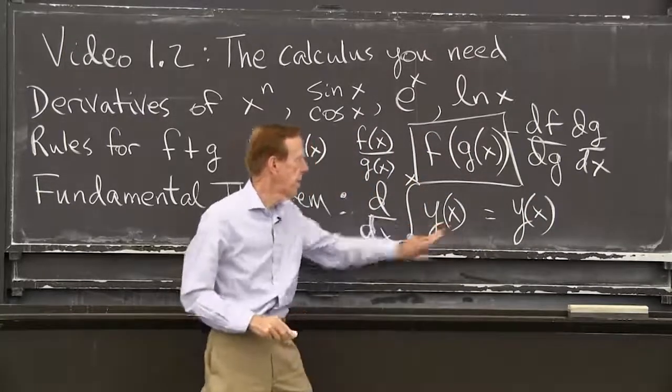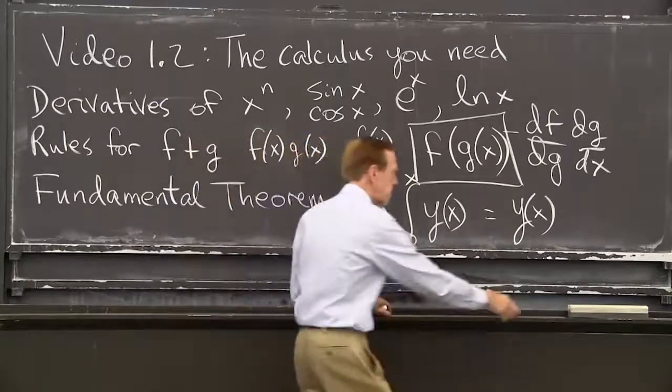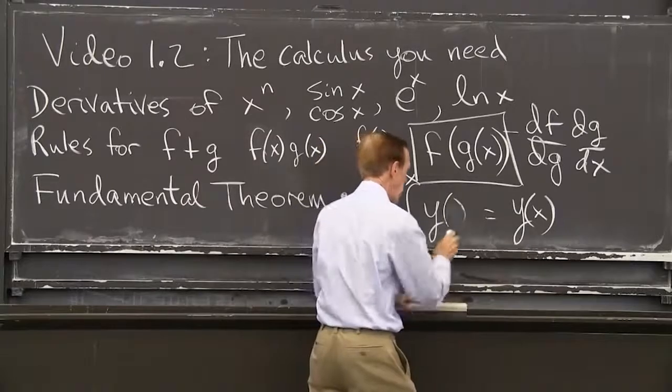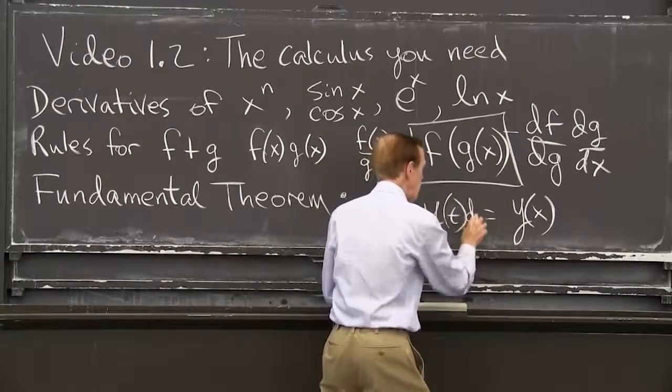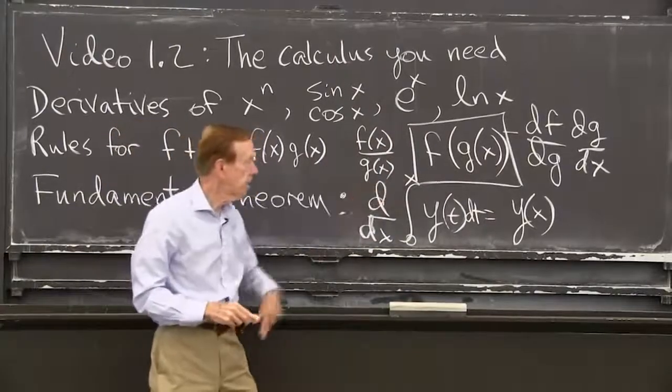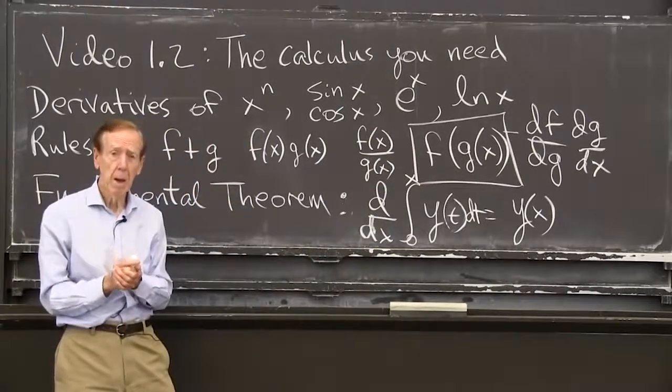I don't care what that dummy variable is. I'll change that dummy variable to t, whatever. I don't care. T to show the dummy variable. The x is the limit of integration.